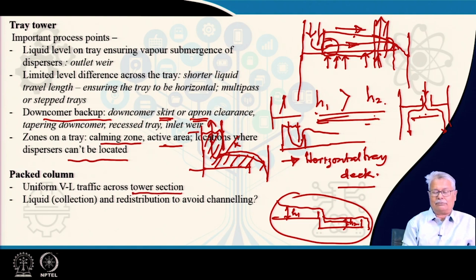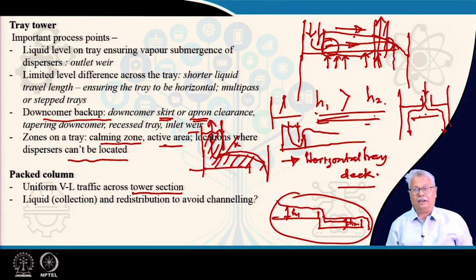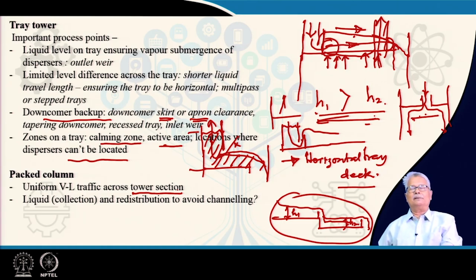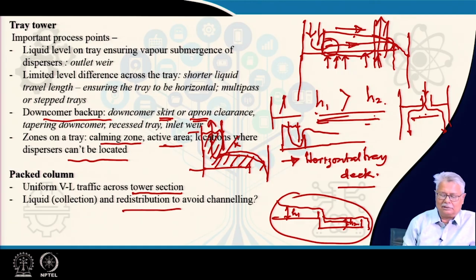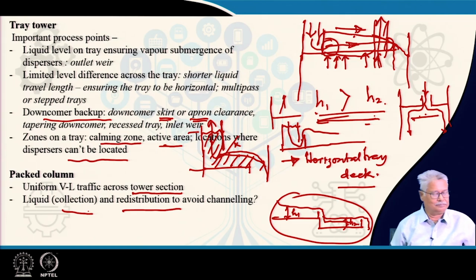We would like to have avoided the channeling for the vapor as well as the liquid stream. In order to avoid channeling, particularly for the liquid, vapor channeling is not very common, but channeling of liquid is, and so we definitely have to think about the redistribution and collection of the liquid in case of packed column.